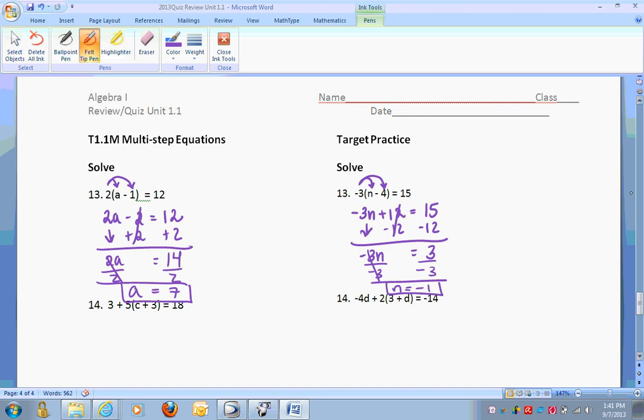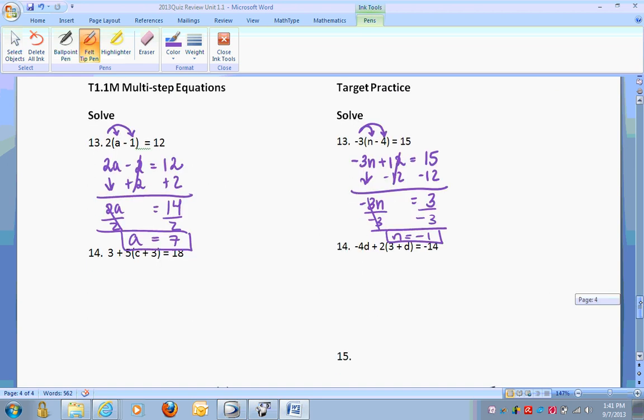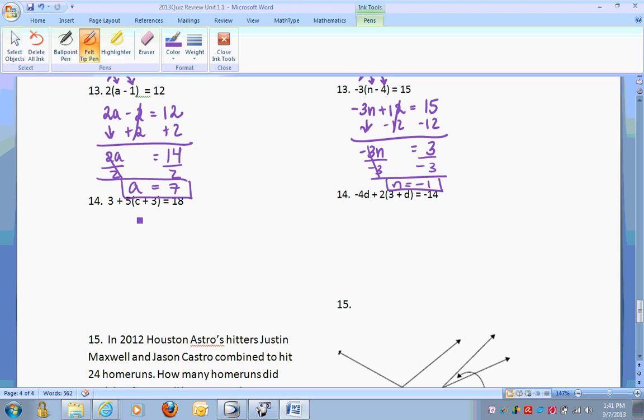Okay, on number 14, once again, we always distribute first. So I'm going to bring down this 3 because it's not dealing with the parentheses. Then I need to distribute this 5 times c and 5 times positive 3. So I get 3 plus 5c plus 5 times 3 is 15 equals 18. Now I combine my like terms.